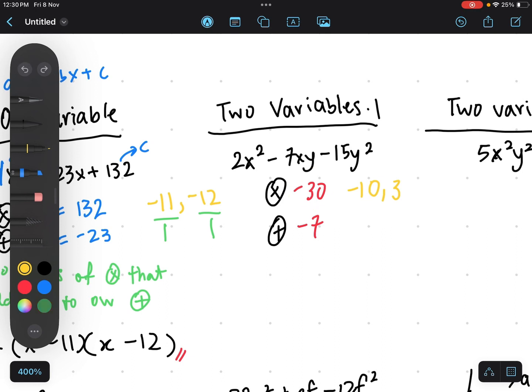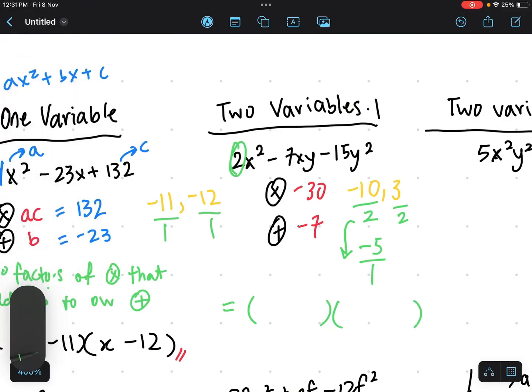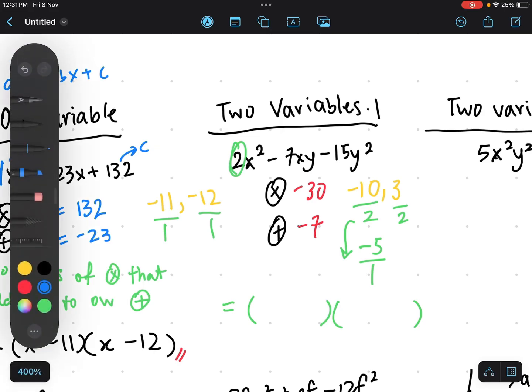And now you do the same thing, you divide it by a, in this case 2. You realize that you can simplify minus 10 over 2, that'll give you minus 5 over 1. So please do simplify. And now we're gonna do the same thing. This is your a, remember that we divided by a, and a is closest to x. So this will be 1x, and this will be 2x.